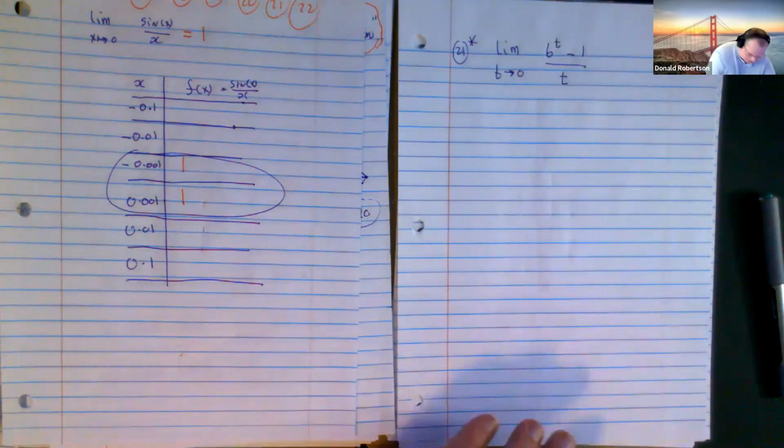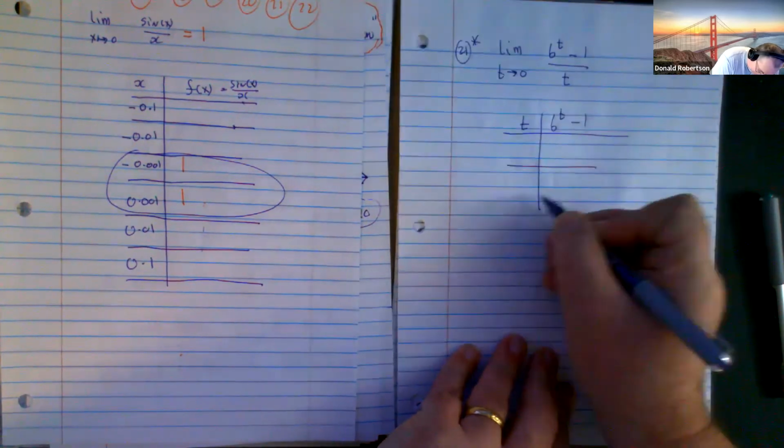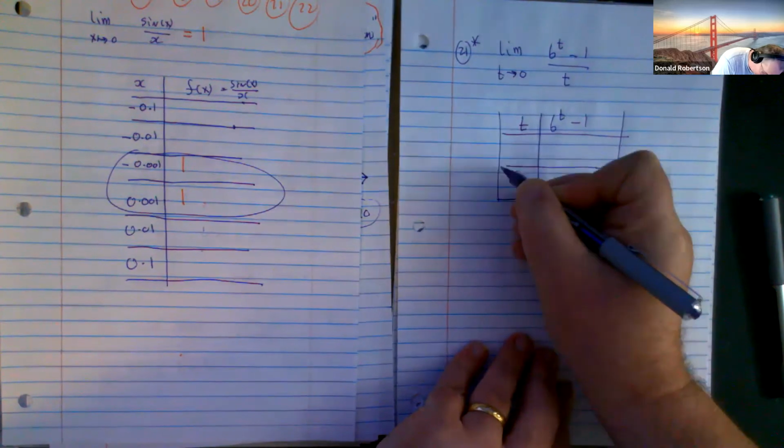We're being asked to find the limit as t tends to 0 of (6 to the power of t, take away 1) over t. I can do a very small table. In fact, my very small table is only going to have 2 t's in it.